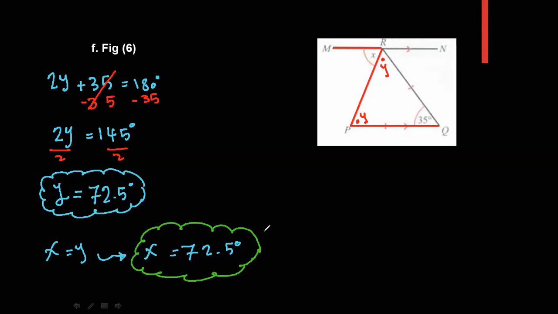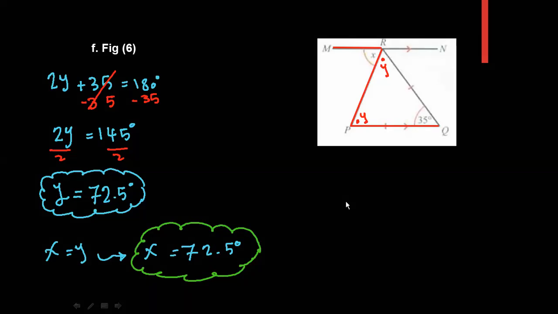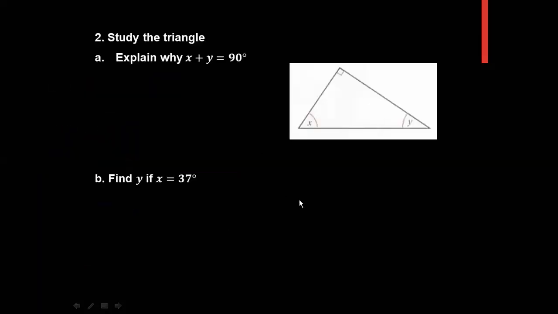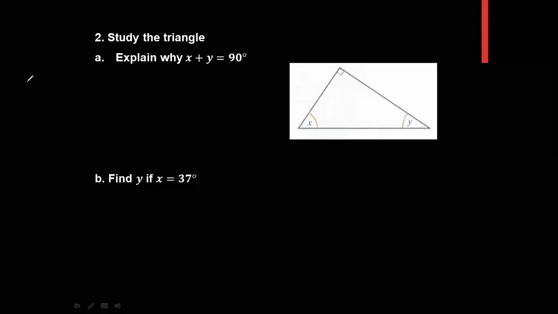Okay, let's move to the next concept. I have here a problem: study the triangle and explain why x plus y equals 90. From the concept of the triangle, we know that the sum of the interior angles of any triangle equals 180 degrees.